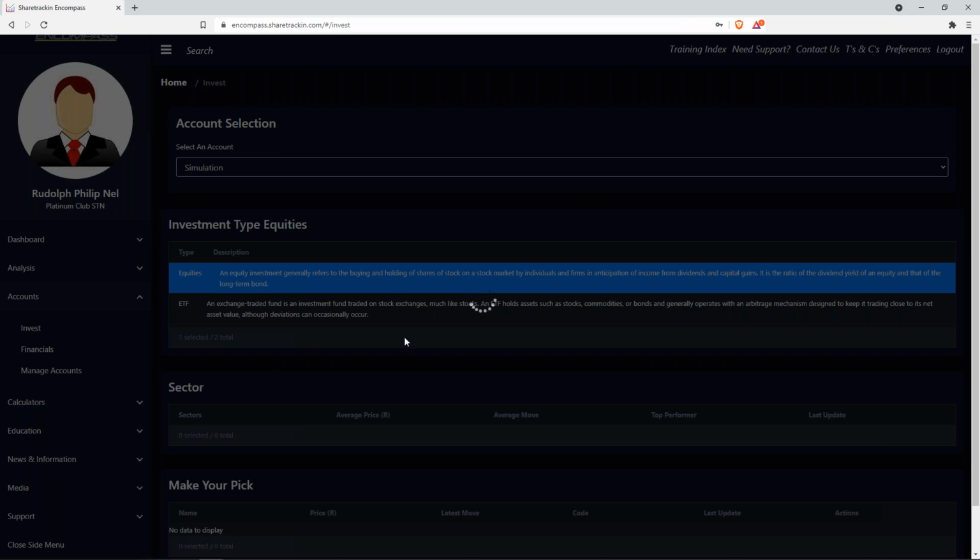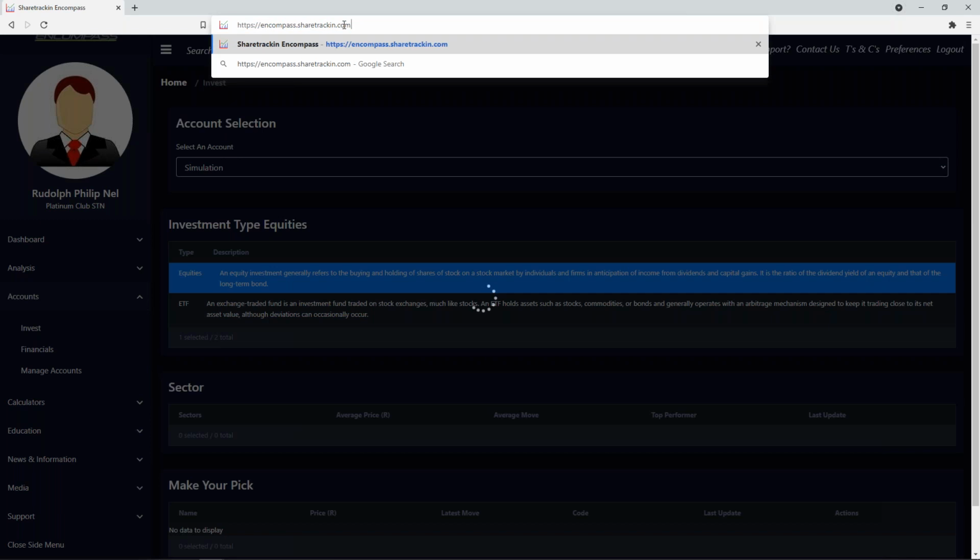This page does take a while to load up. That's why I prefer to go to the stocks page and click on a share instead of doing the buy and sell transactions from the invest. We might need to reload the page from here because it's taking a while to load.